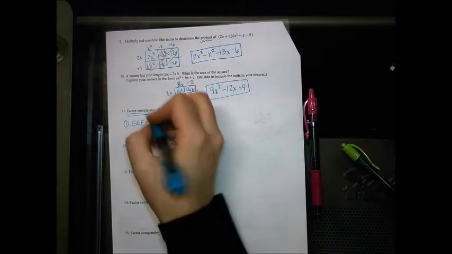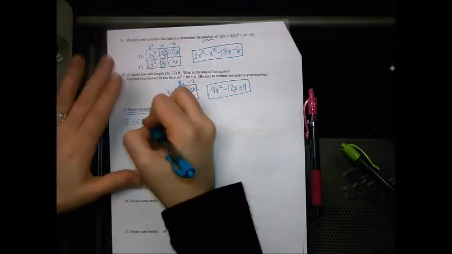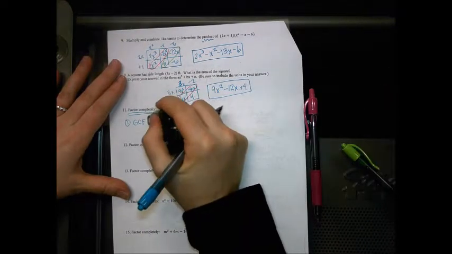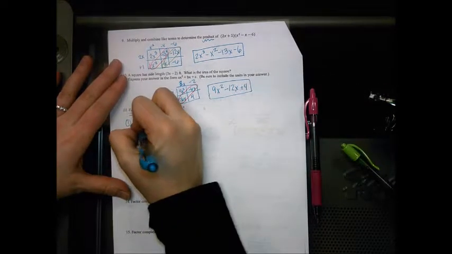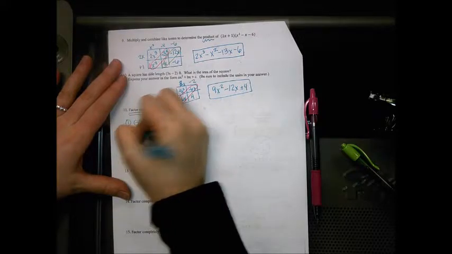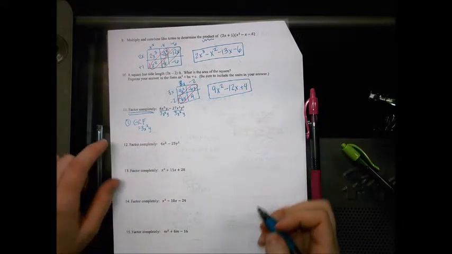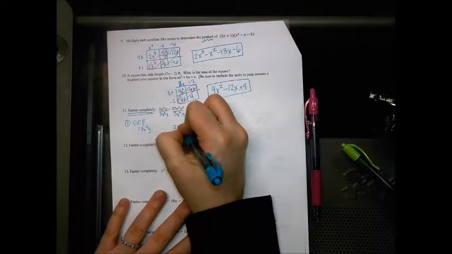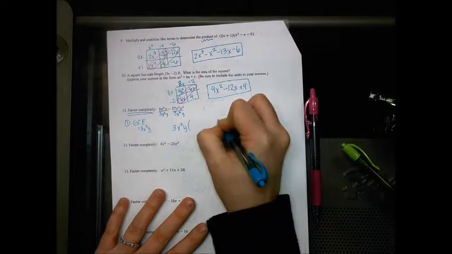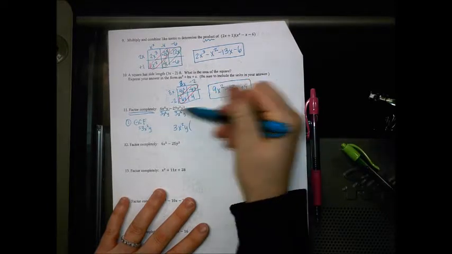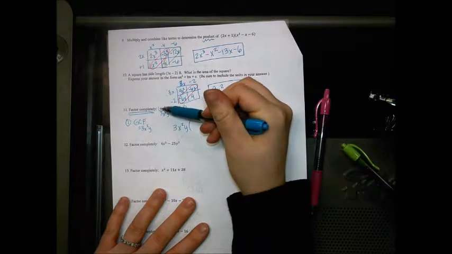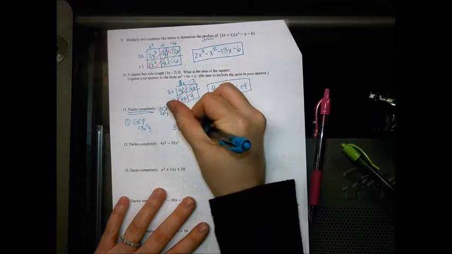So my greatest common factor is 3x squared y. Your greatest common factor goes out in front of your parentheses. So you divide it and see what's left inside the parentheses. 6 divided by 3 is 2.